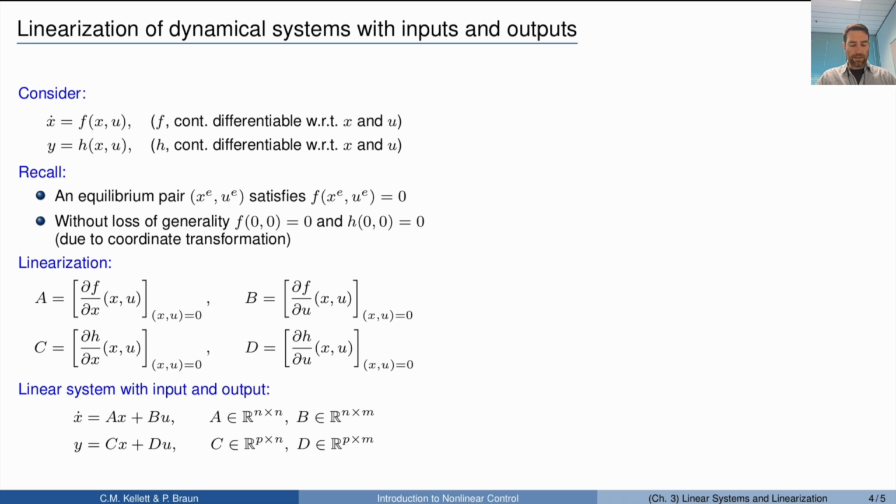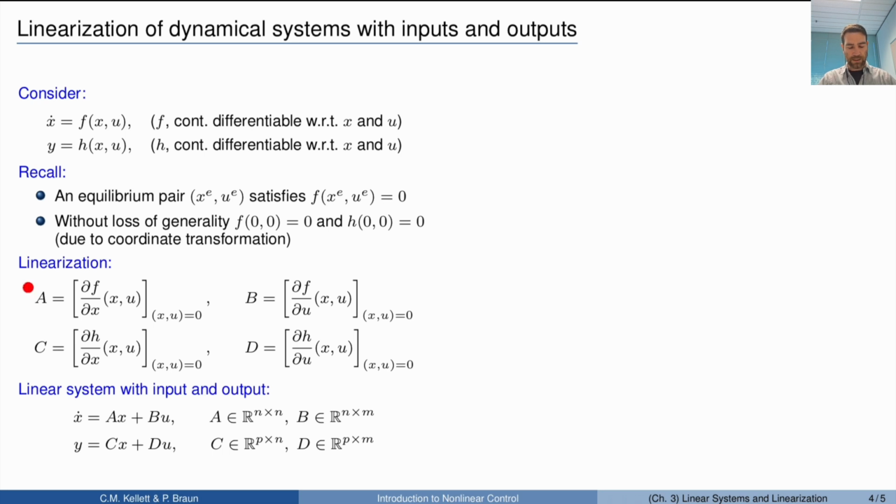In this case, the linearization means that we are going to obtain four matrices. Namely, we first take the derivative of f with respect to our state x, then evaluate this expression in 0, 0, our equilibrium pair.